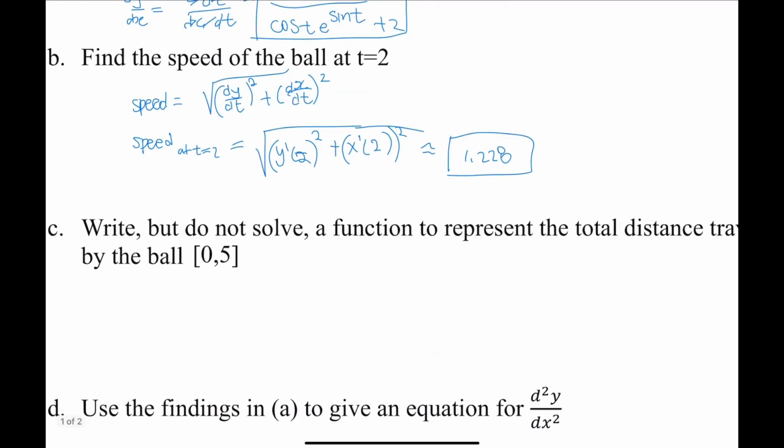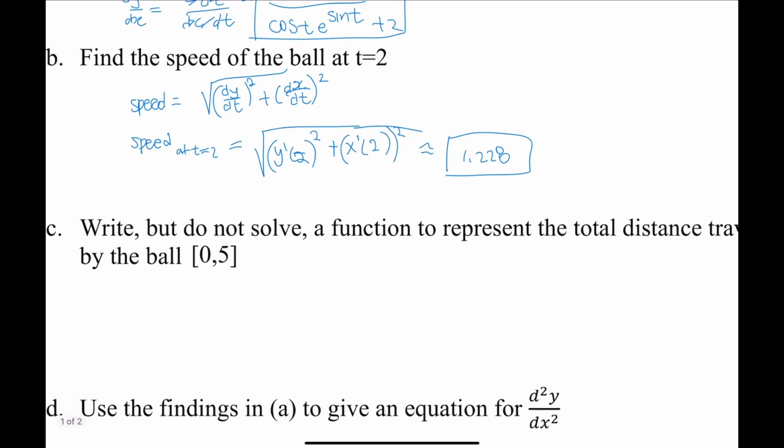We don't have a unit, so our speed is just going to be the same. It says write but do not solve a function to represent the total distance traveled by the ball from 0 to 5, which is the t measure. So to find the total distance traveled by the particle in parametric functions, you can use the arc length formula.